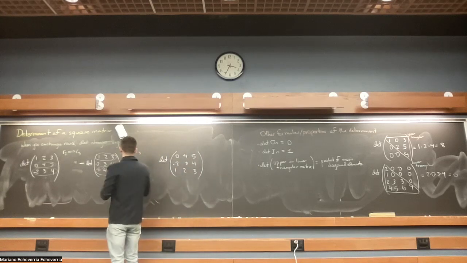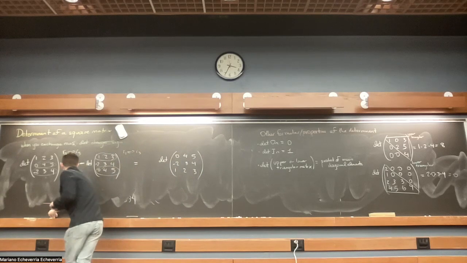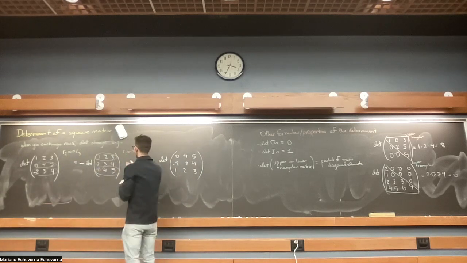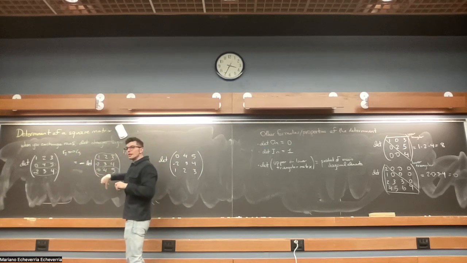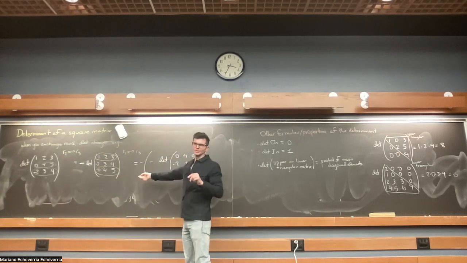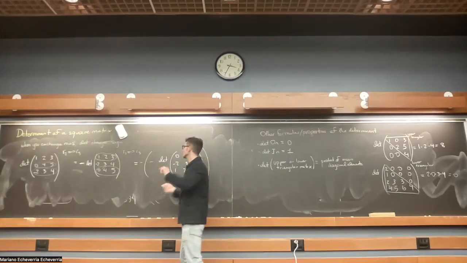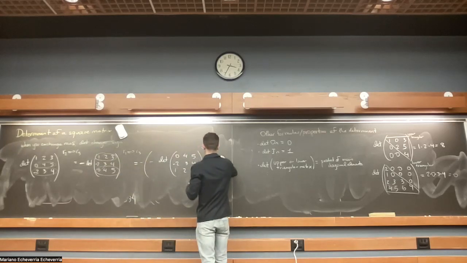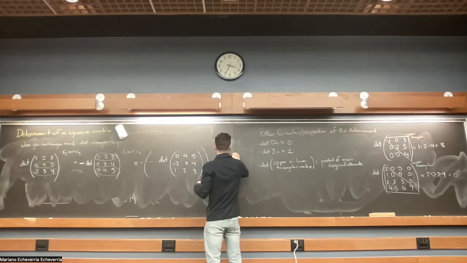Because I exchanged before, there was a minus sign from before, but now because I made another exchange, I get another minus sign. So they cancel one another, and this actually ends up having the same value as the original, because minus minus gives you plus.